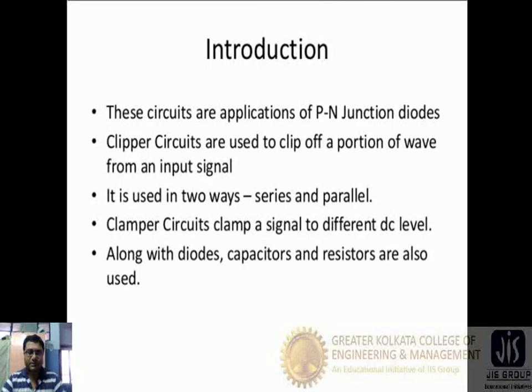The clamper circuits clamp a signal to a different DC level, and along with diodes, capacitors and resistors are also used. So these are the uses of clipper and clamper circuits.